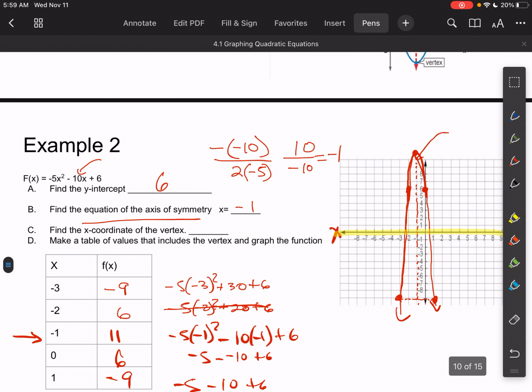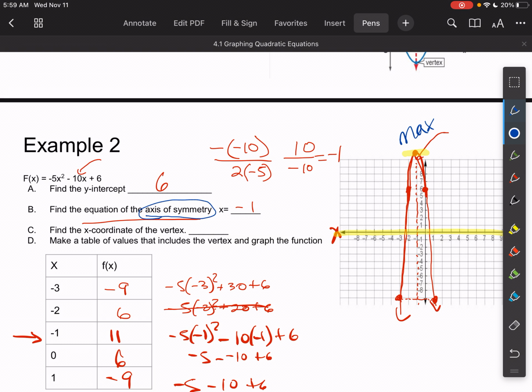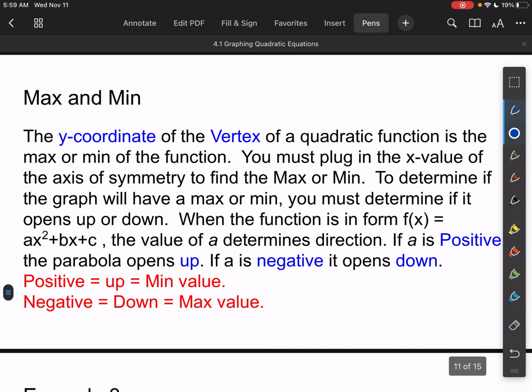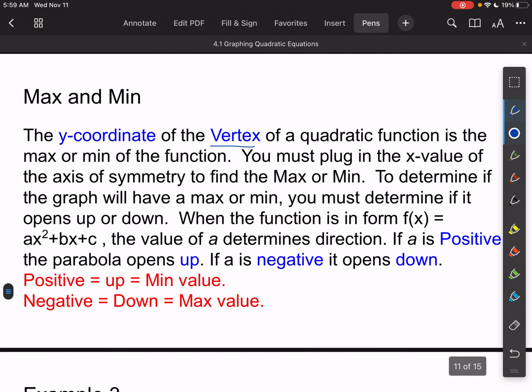Whenever a graph is opening down, like it is here, then the highest point on that graph, known as the max, happens at the vertex. The vertex is found by using your axis of symmetry, plugging it back in. That's what we did to get our vertex. So the y-coordinate of the vertex is the max or the min.